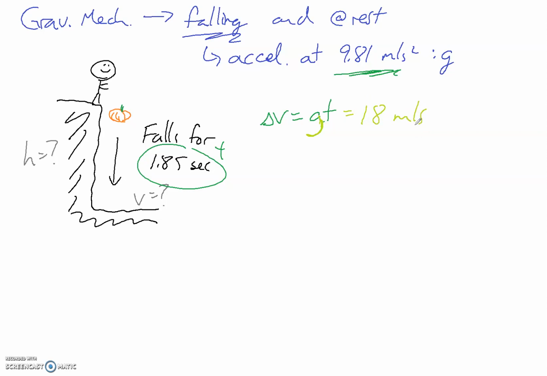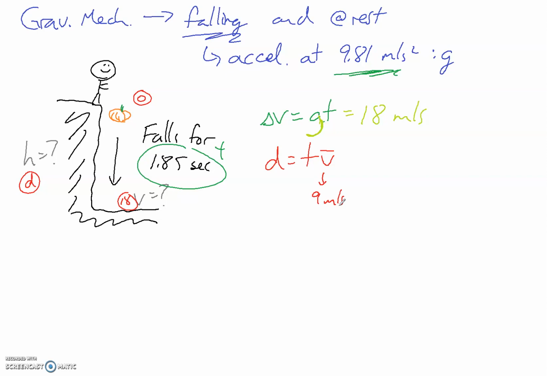Just that easy. Now, if I want to know the height, well, that's distance. That is how you guys have been calculating distance, and there's no difference here. Distance d = v_avg t. You have the time, that's the 1.85, except remember, you need average v for this. Well, you know it started at 0, and now you know it hit the ground at 18, so its average is obviously going to be 9. So we know the average v is going to be 9 meters per second.